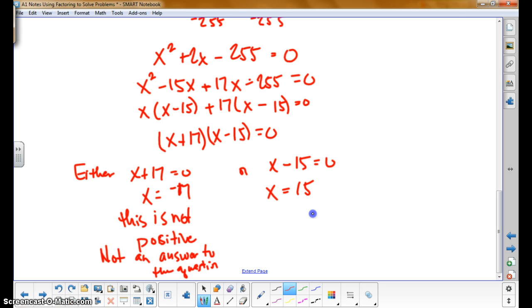But 15 is positive, and x plus 2 is 17, so our answer is 15 and 17.